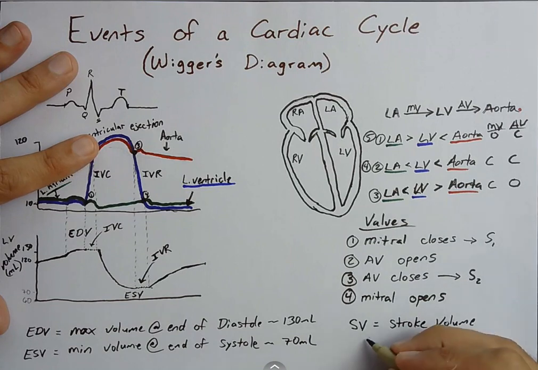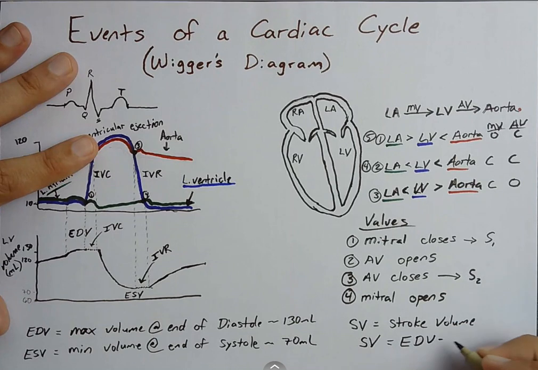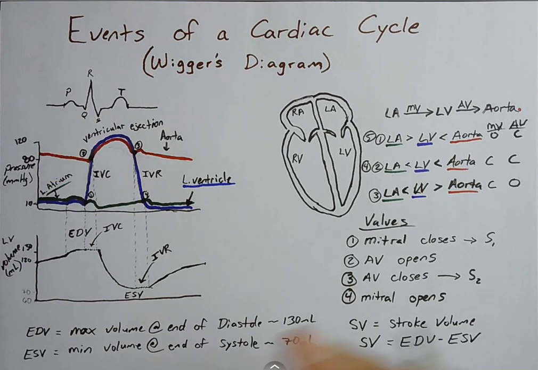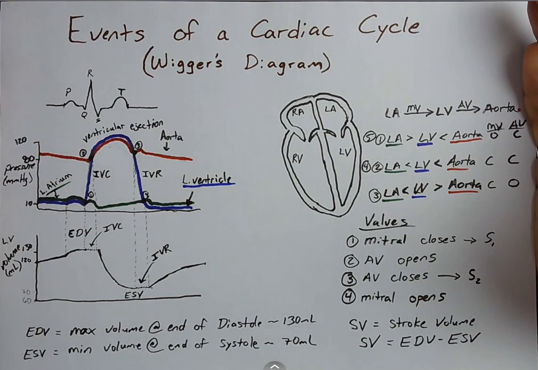So what equation can we use to understand this better? SV equals max volume minus min volume, or EDV minus ESV. That's going to give you stroke volume. And that's the events of the cardiac cycle.